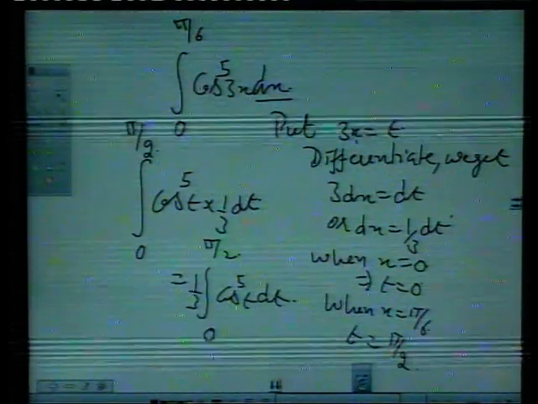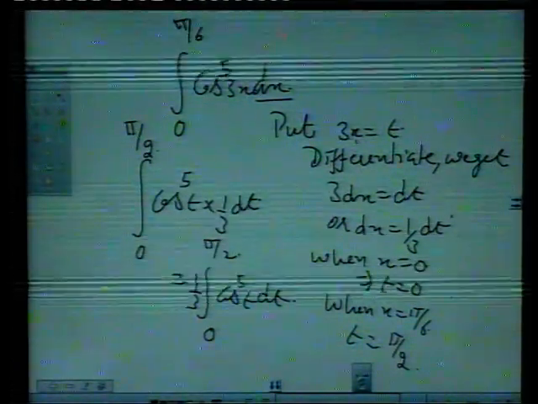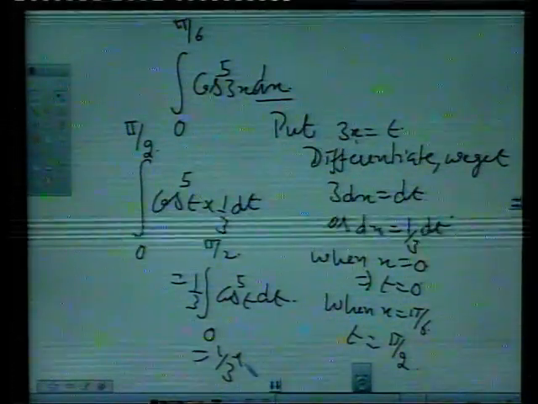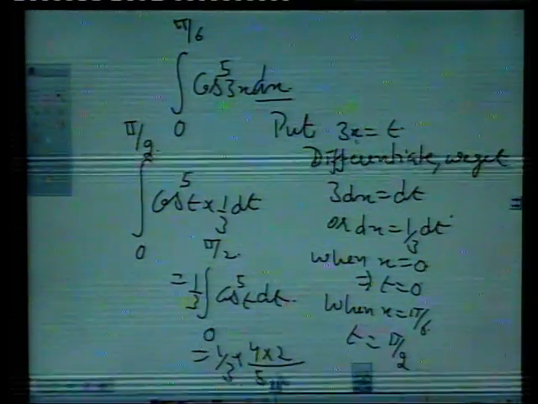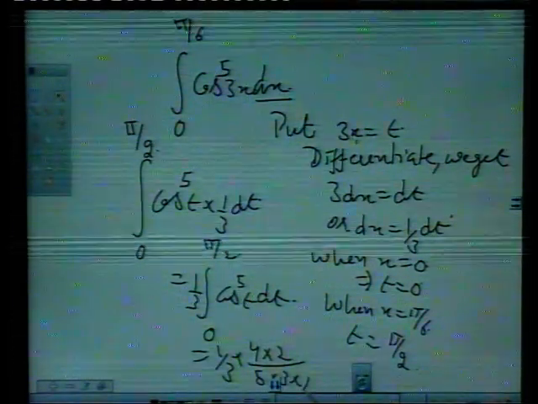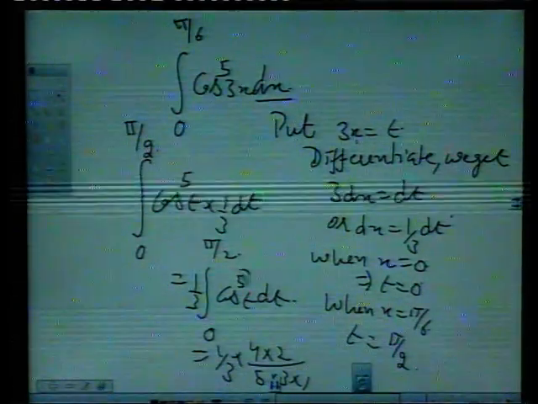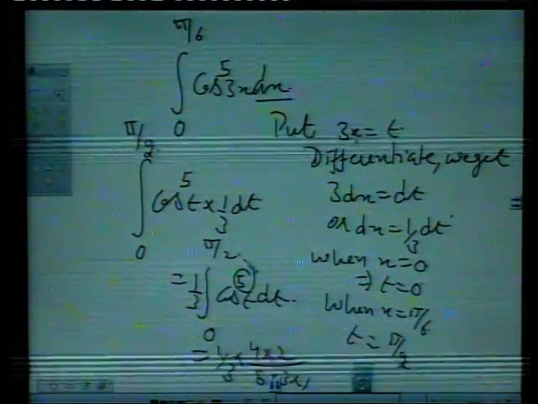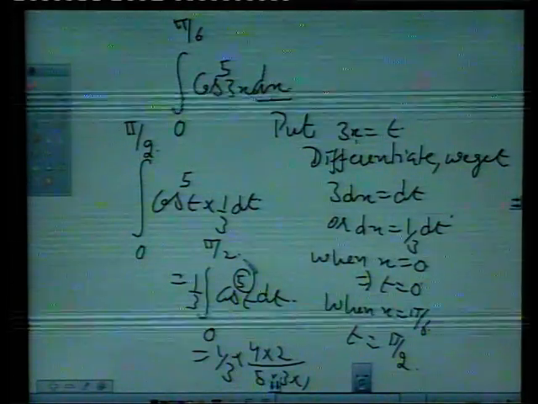Now, this integral is in the standard form. So the integral of this is 4 2 divided by 5 3 1, right. Since n is 5, which is an odd integer, we do not need to multiply by pi by 2.